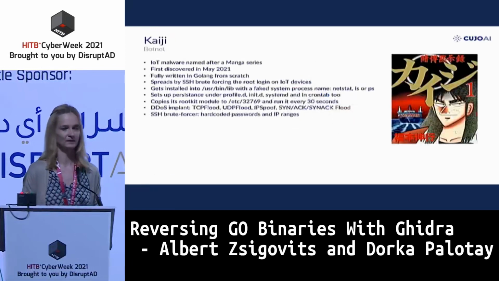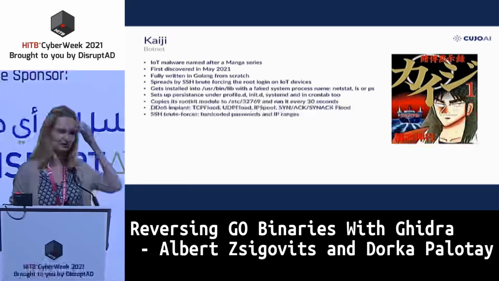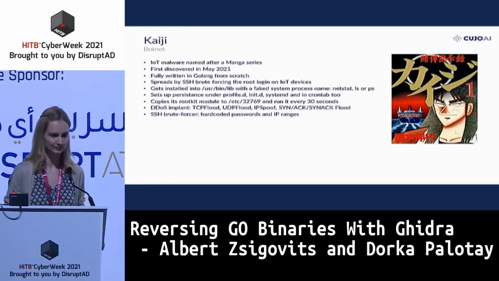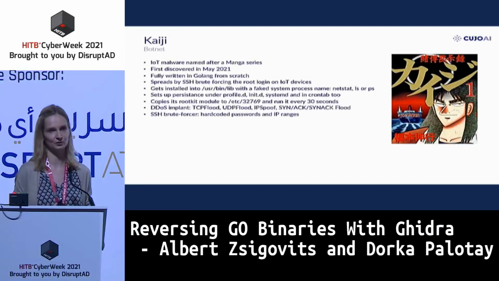The other malware family that we use for this research is the Kaiji botnet. This is named after a manga series, and it was first discovered early this year. It's fully written in Go from scratch and spreads using SSH brute forcing.